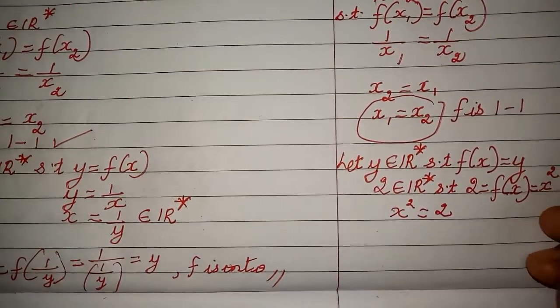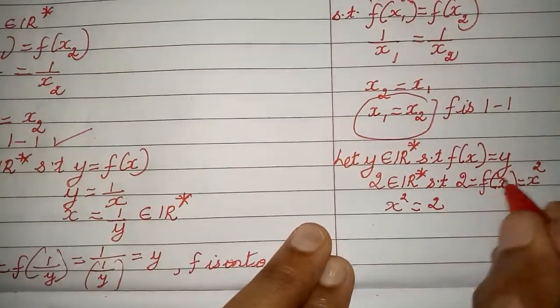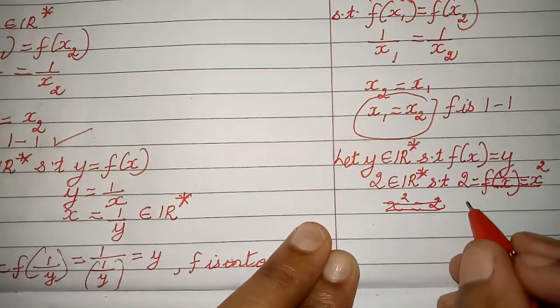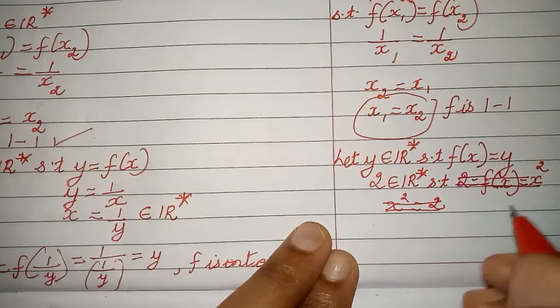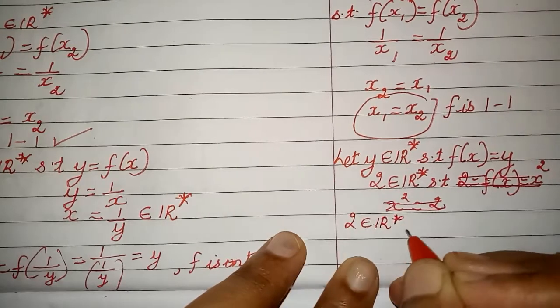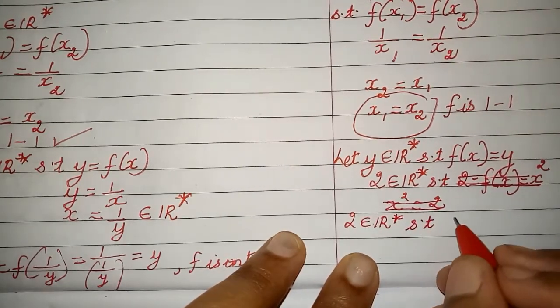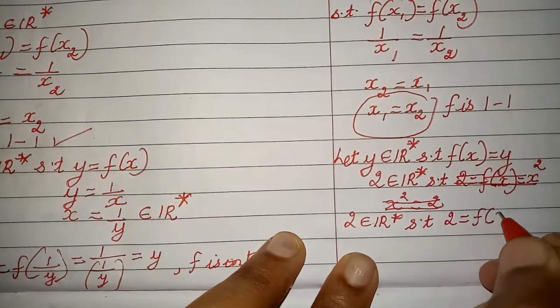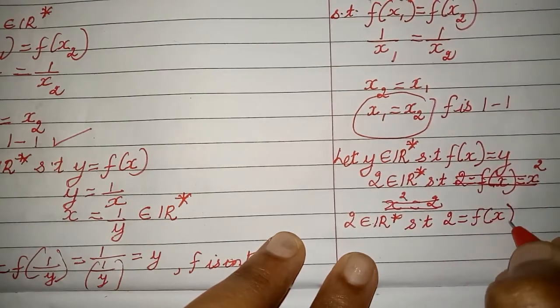Sorry, not x square, I'm sorry. Your f of x is 1 by x. So 2 belongs to R star, such that y, which is 2, is equal to f of x.